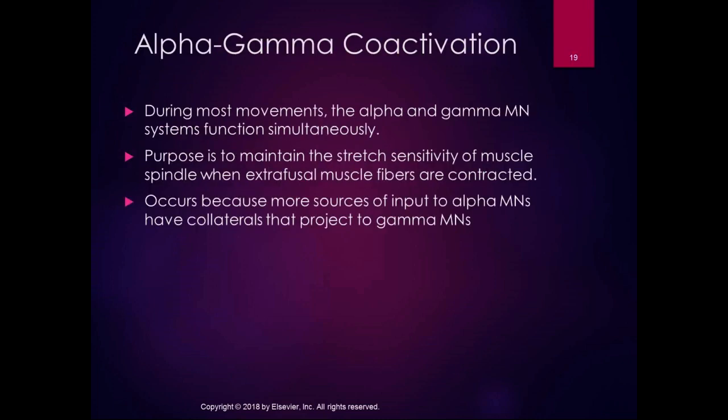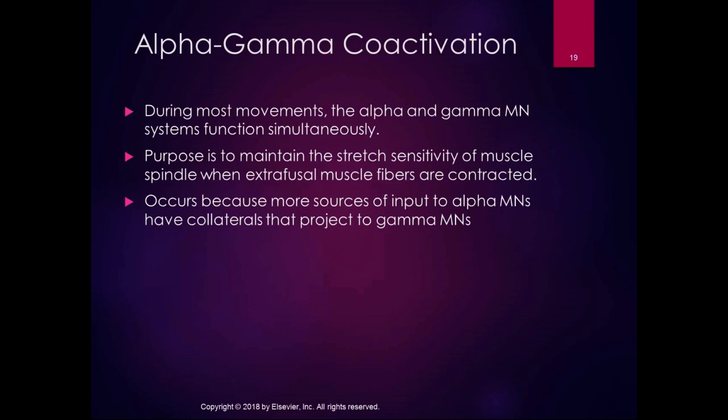During most movements, the alpha and gamma motor neuron systems function simultaneously, and this is called alpha-gamma coactivation. The reason this is important is because when the two contract together, it maintains the stretch sensitivity of the muscle spindle, which is that intrafusal fiber, when the extrafusal muscle fibers are contracted.